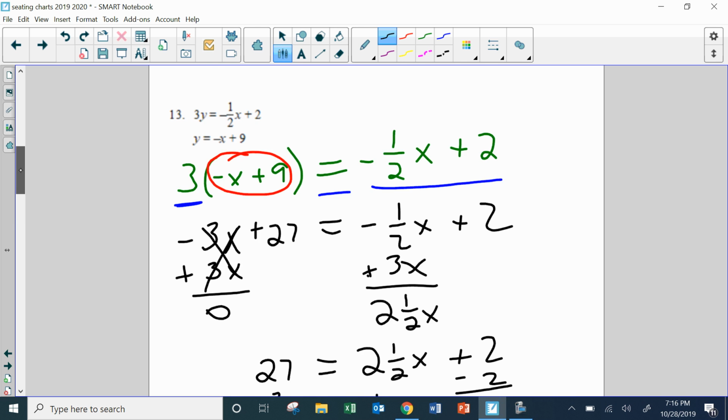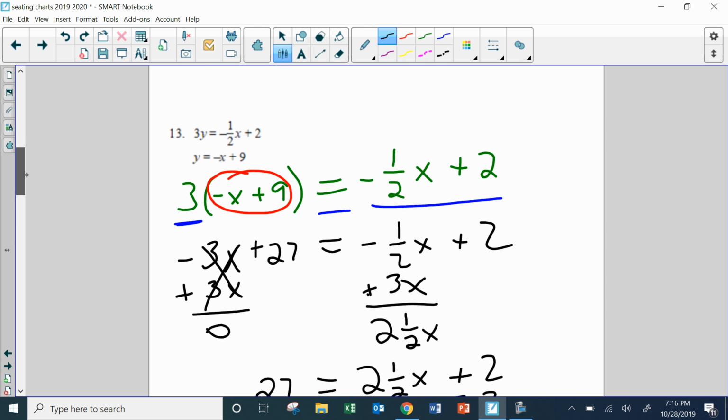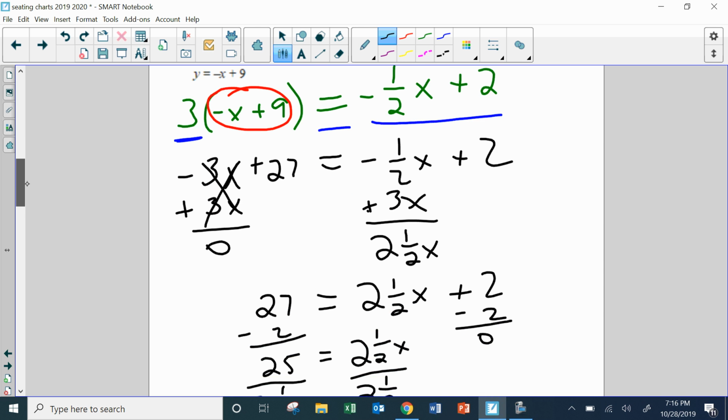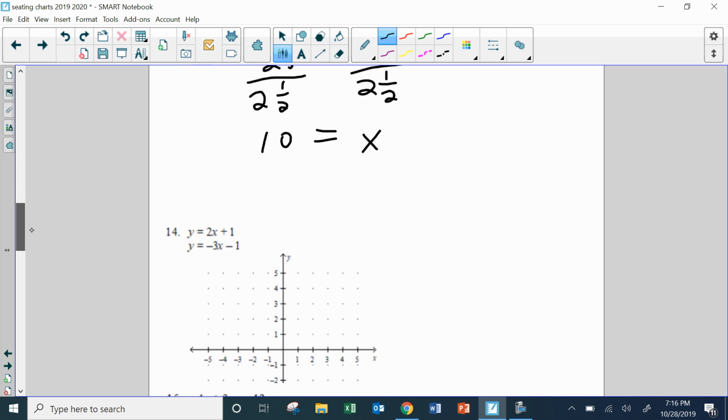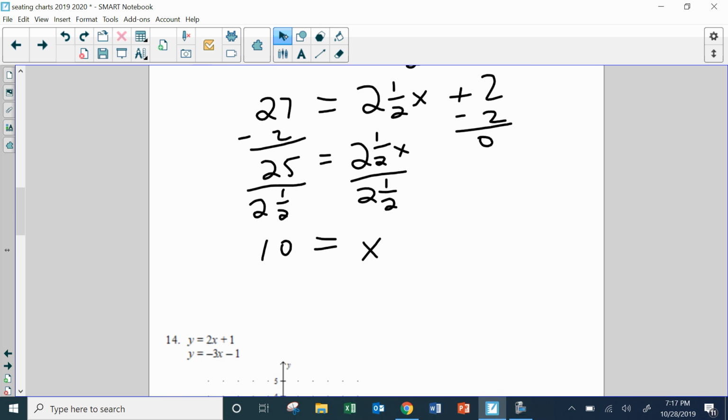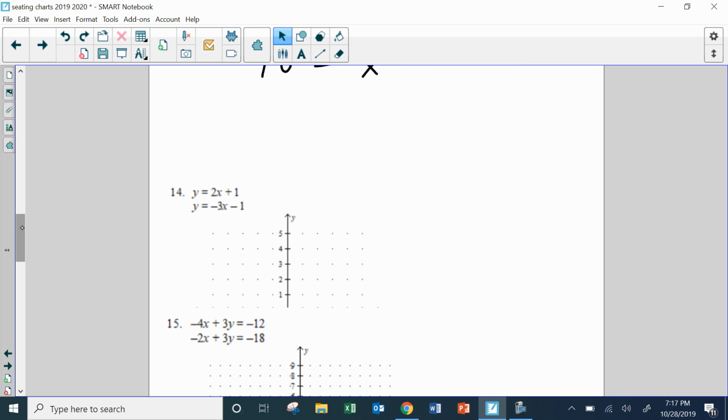Remember, we have 2 variables in this, a y and an x. Y equals negative x plus 9. So I need to take that and solve for that. I'm remembering.